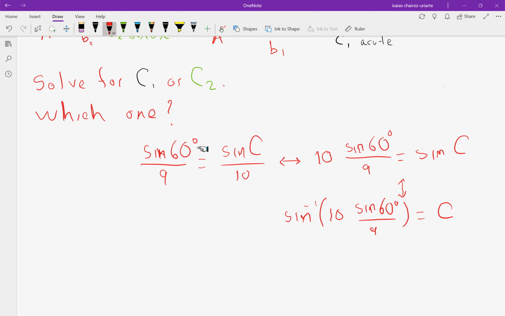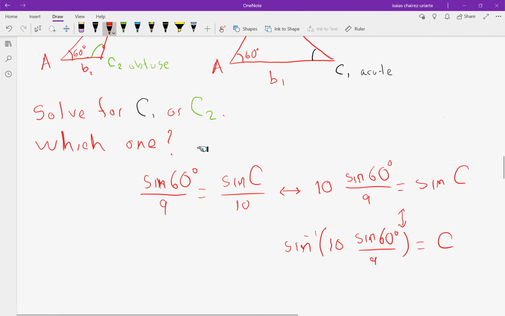Now, which one am I going to find, C1 or C2? Well, let's think about sine inverse. If you remember, sine inverse has a range of negative pi over 2 to pi over 2.